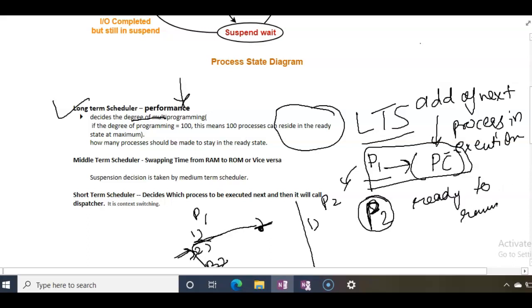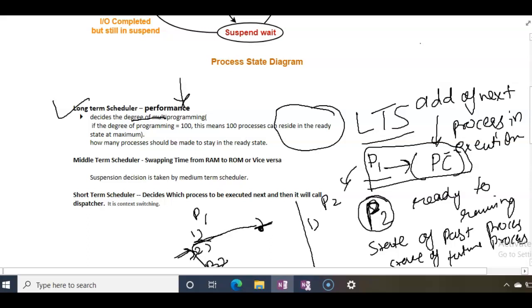So it stores the state of the past process and loads the state of the future process. This is the work of the dispatcher. So what the short-term scheduler does is it just calls the dispatcher.